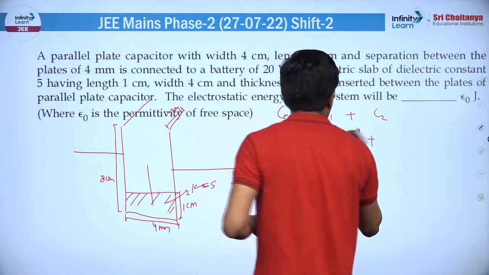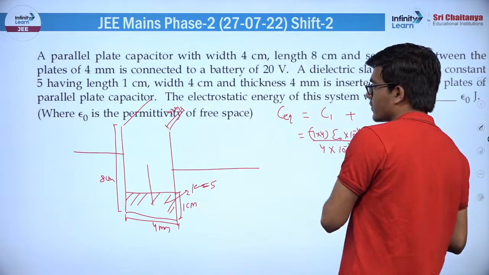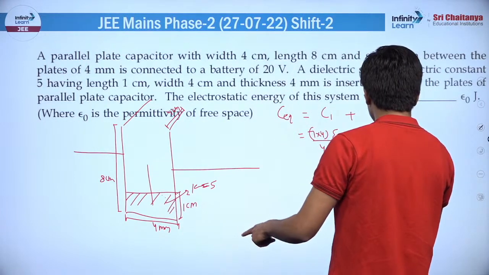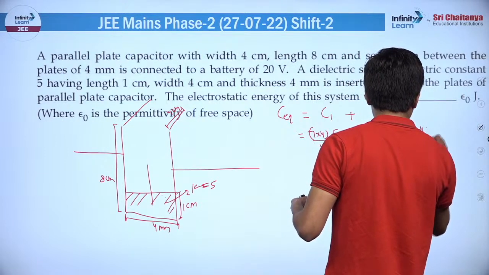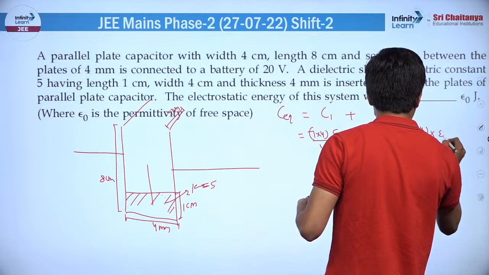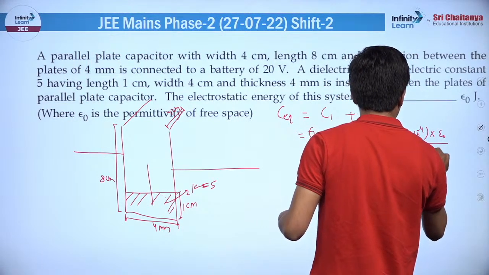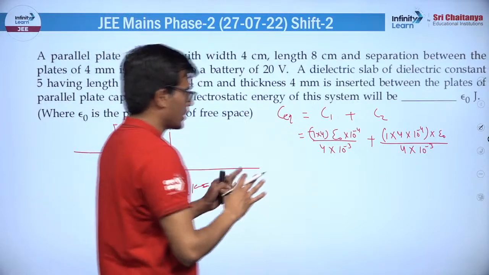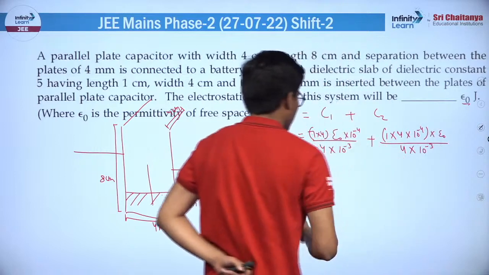So I should write 10 to the power minus 4 to convert to SI units. In the same way, if I have to find the capacitance of this, it will be A, that is length into width, 4 into 10 to the power minus 4, A epsilon naught by D. D is again 4 into 10 to the power minus 3, right?